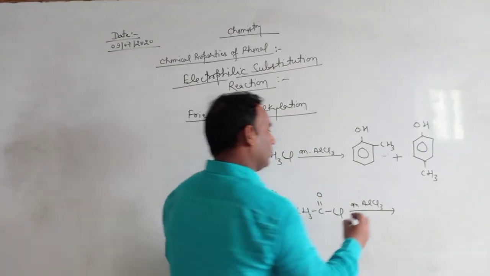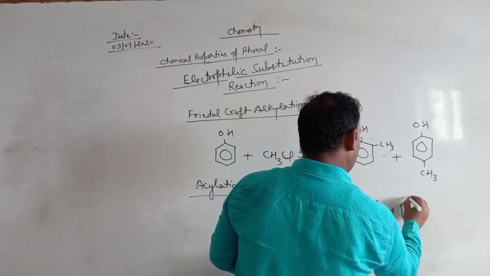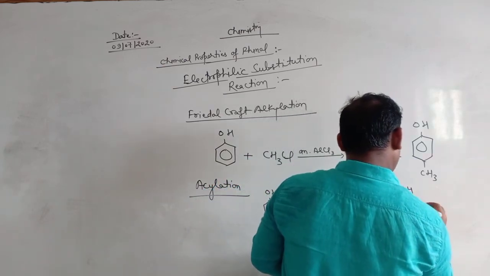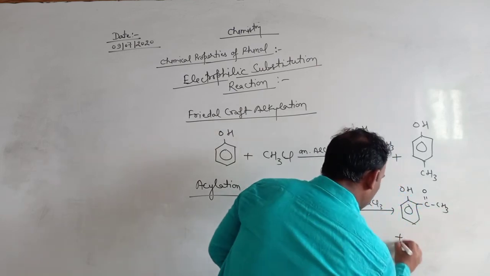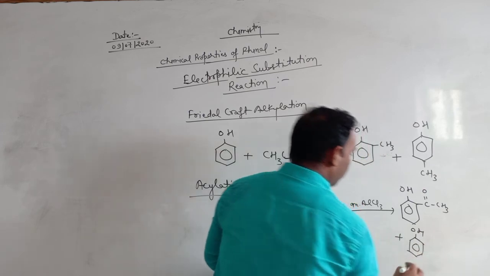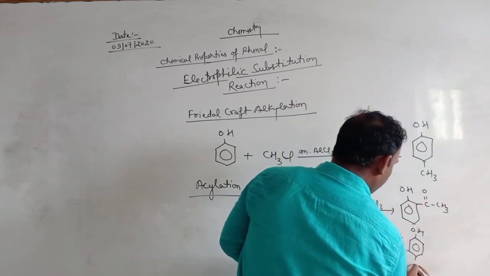Then also we get a mixture of ortho and para derivatives of acyl phenols. In both reactions, the para isomer is the major product and the ortho isomer is the minor product.